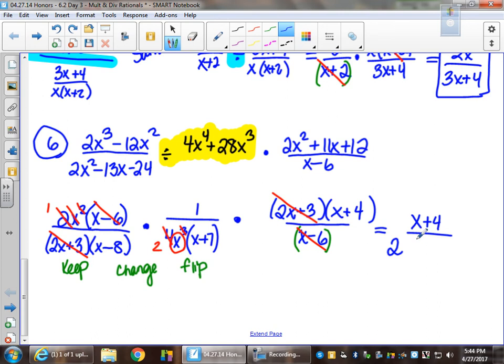Let's see. X minus 8 and x plus 7. And we're done, as far as we can go. So notice, really, 2 steps in terms of factoring. Third step was seeing what cancels, and then multiplying straight across.